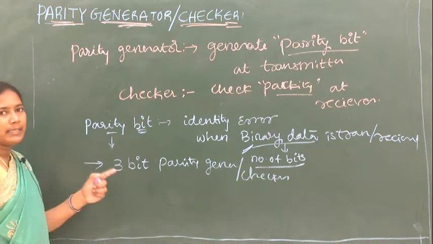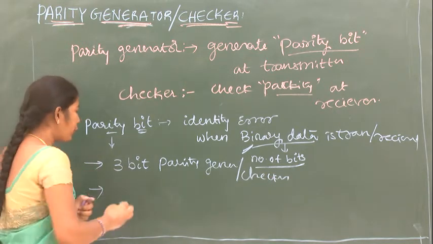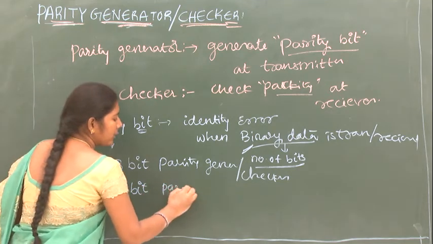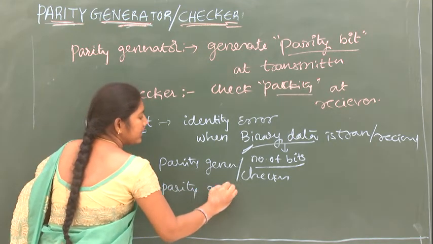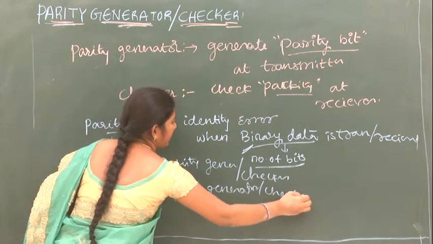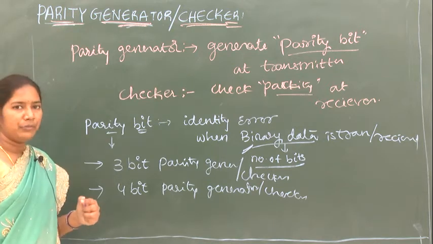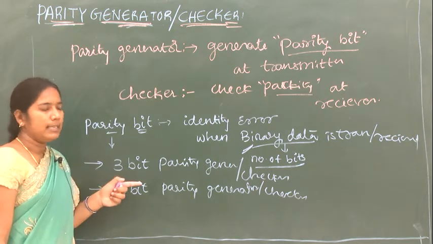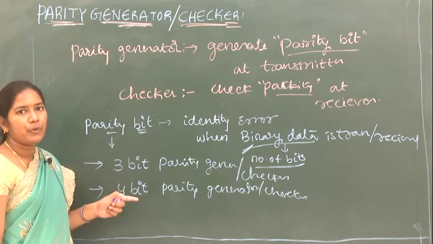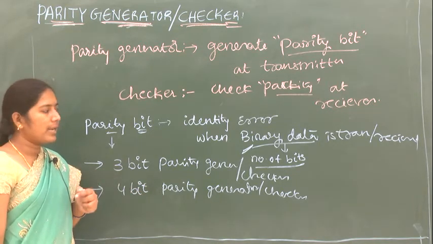Similarly, if binary data consists of 4 bits, then it will be a 4-bit parity generator or checker. We need to design this 3-bit parity generator or checker as well as the 4-bit parity generator and checker.